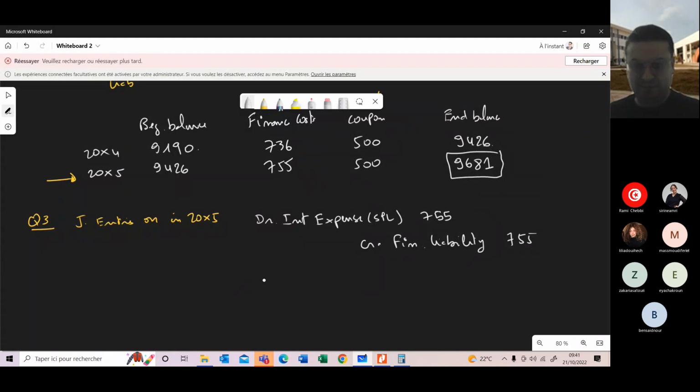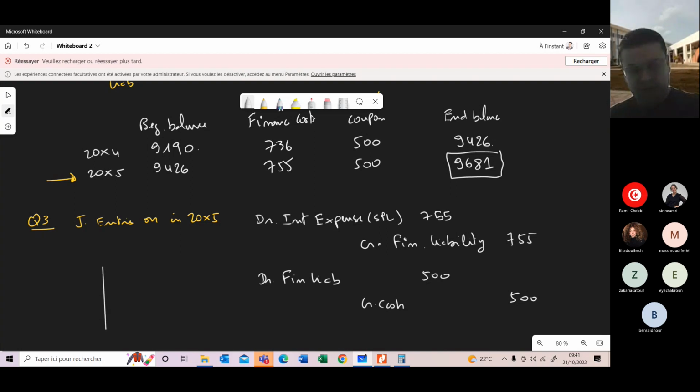And then we debit financial liability and credit cash for 500. That's right, you debit financial liability for 500 and you credit cash for 500. That is nice.